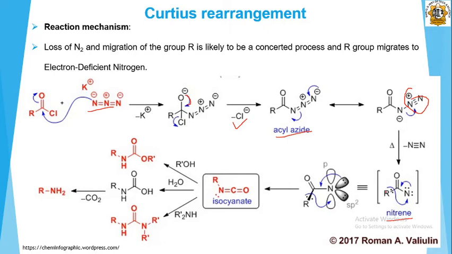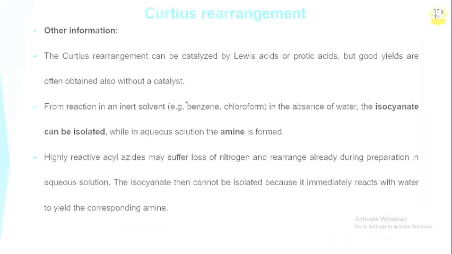So the nitrene intermediate is formed, then this R group migrates onto nitrogen, and you will get isocyanate, which can be treated with alcohol to get carbamate, water to get amine, or ammonia or amines to get urea derivatives. So this way you can utilize this reaction to get different products of your choice.